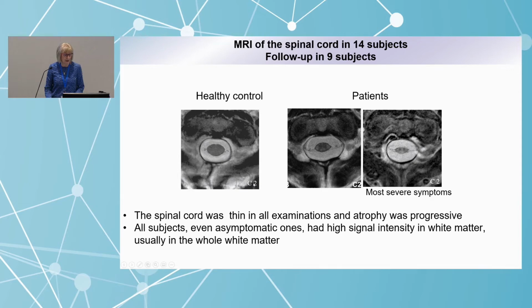All subjects, even asymptomatic ones, had high signal intensity changes in white matter in the spinal cord. Here in the healthy control, the signal intensity is almost homogeneous, but in the patients, we can see white matter as a hyperintensive structure.